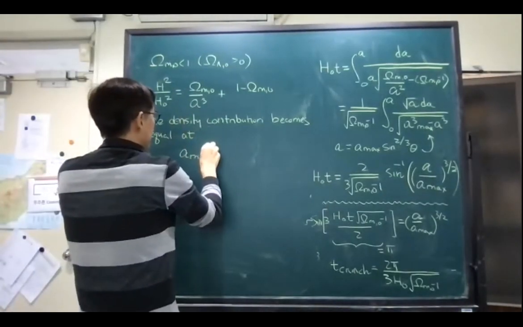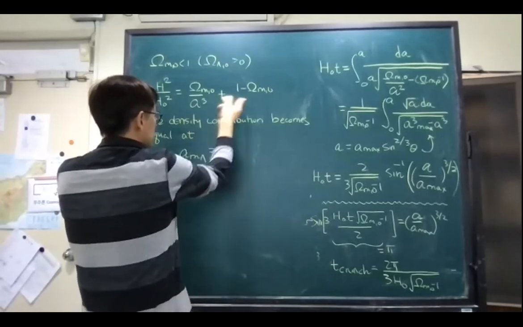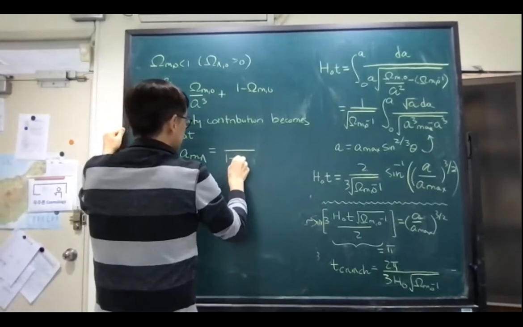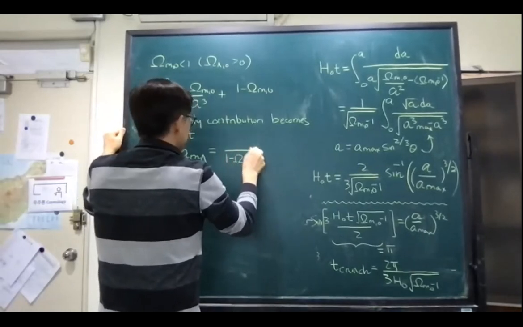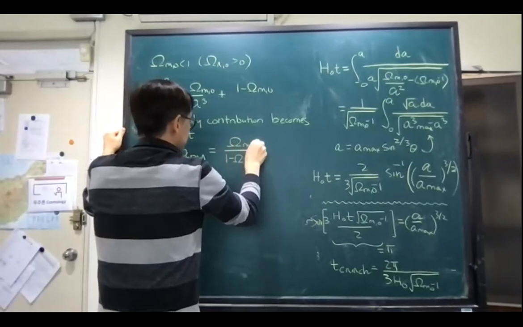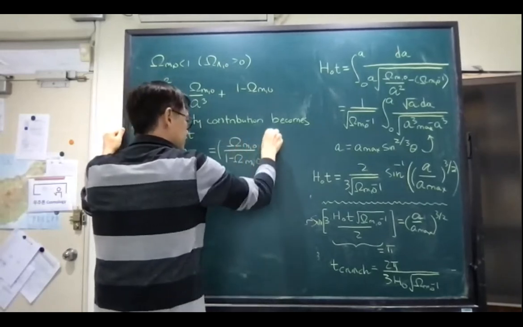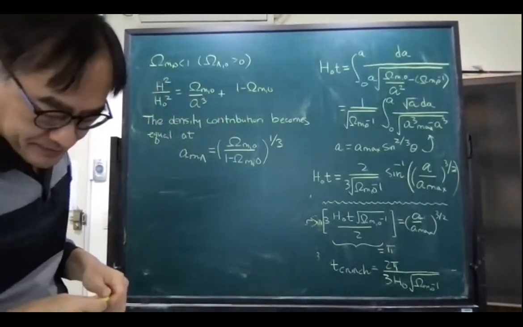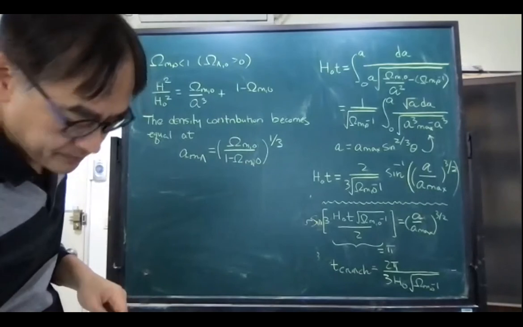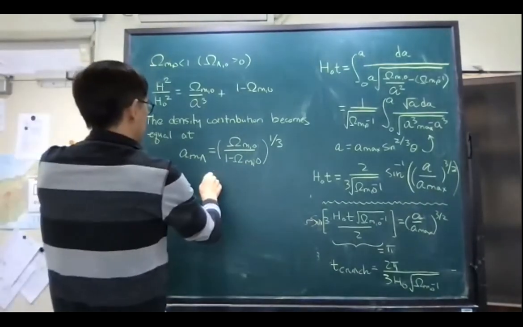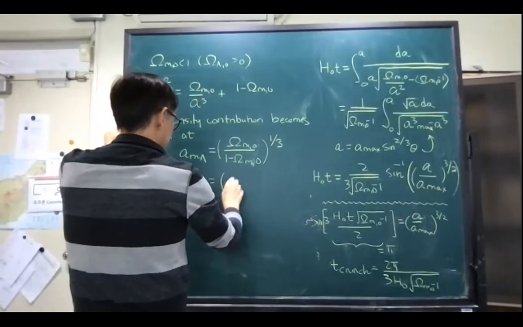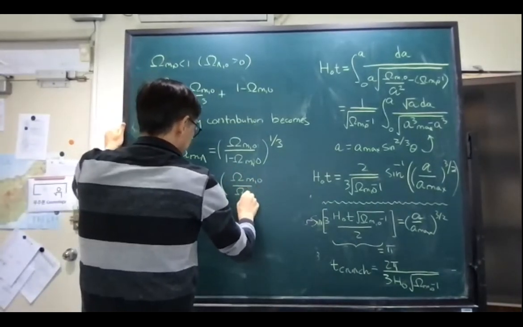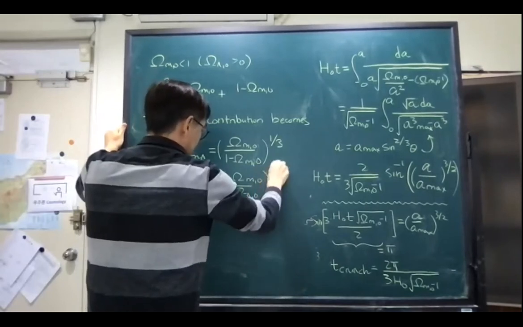That is equal to this: 1 minus omega m0 over omega m0, to the power of 1 over 3, or this is omega m0 over omega lambda to the 1 over 3.